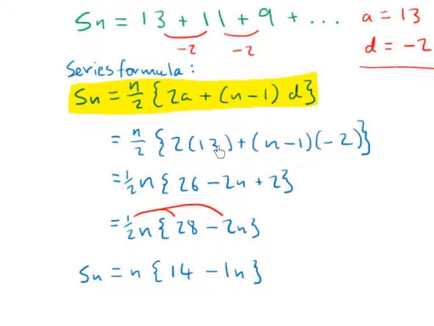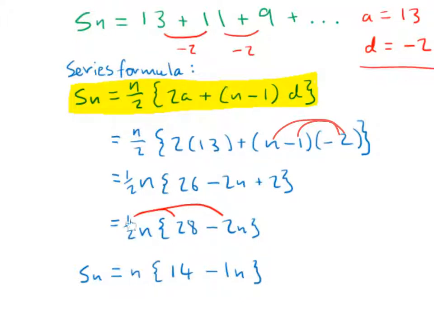2 multiplied by 13 is 26. n multiplied by -2 gives us -2n, and -1 multiplied by -2 gives us +2. Then 26 plus 2 is 28, and we still have the -2n.